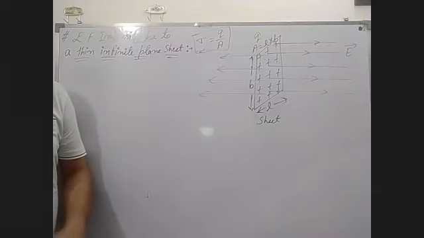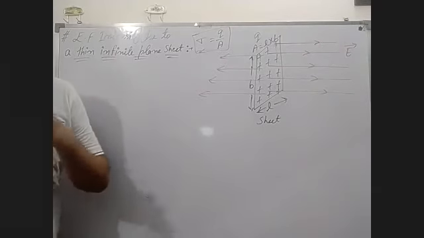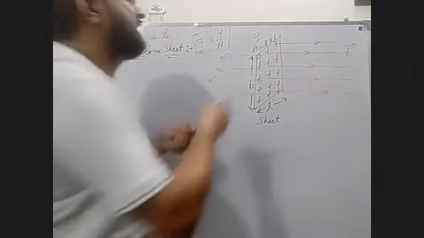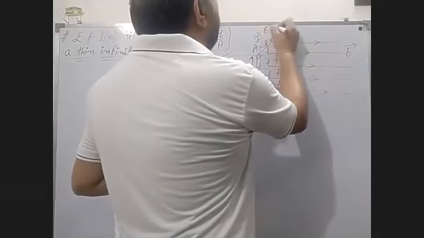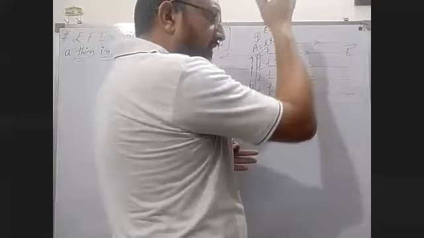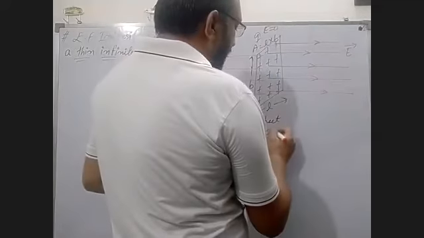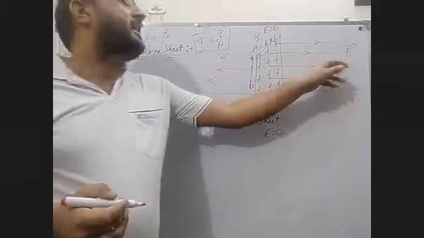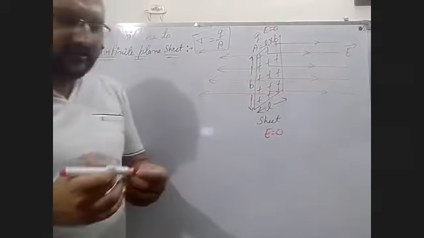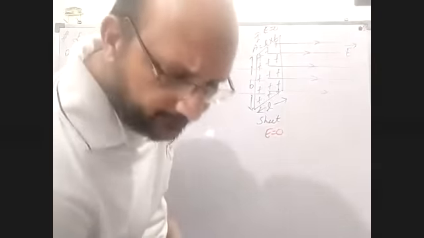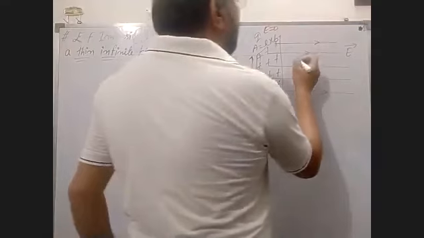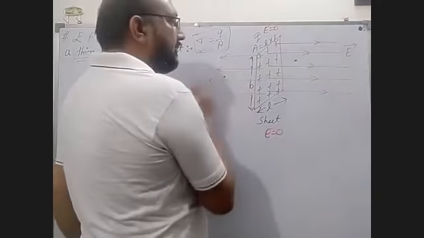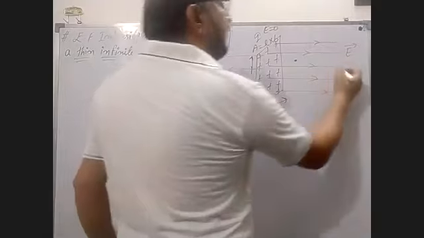But now we want to calculate electric field at a point in front of the sheet, because there is no electric field in the above portion, above the sheet. In this direction also there is no electric field. But how can we calculate the electric field? Suppose I want to take the electric field value at this point, or you can take here or there.